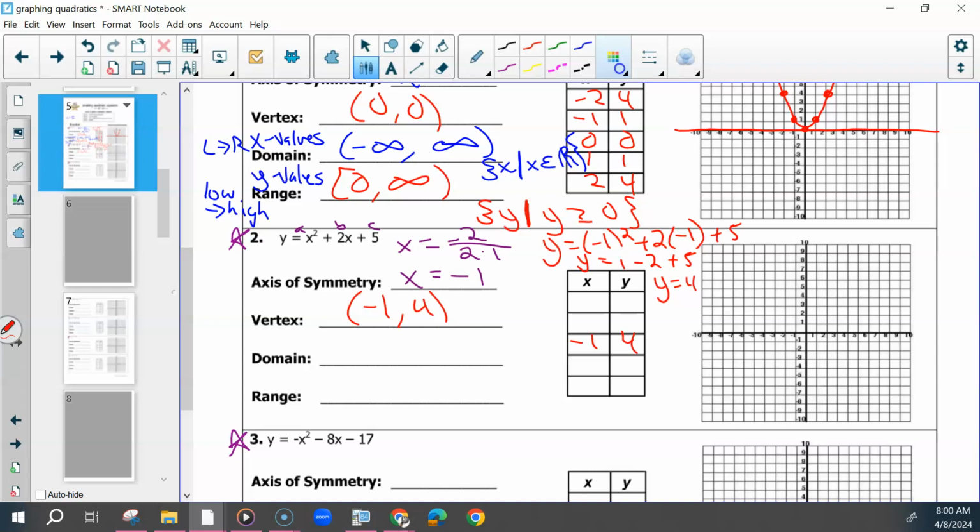So depending on what our vertex is, our numbers are going to change. Go ahead and fill out the rest of your x's. Go backwards 2 and forwards 2. And we're going to put this equation into our y equals.